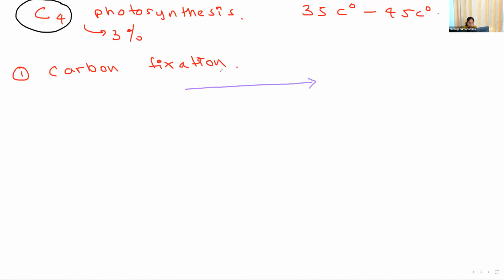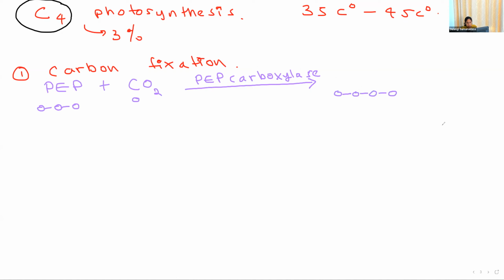So the enzyme we are using is PEP carboxylase. The substrate needs to be PEP, a 3-carbon compound. It's going to bring 1 carbon dioxide into the cycle. So the first stable product, 3 plus 1, needs to have 4 carbons.